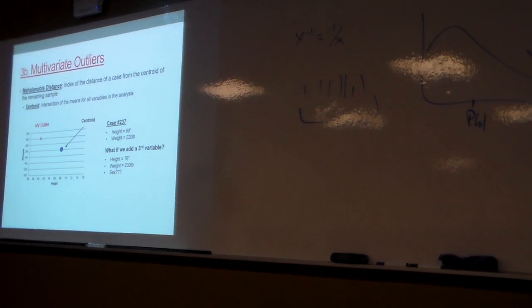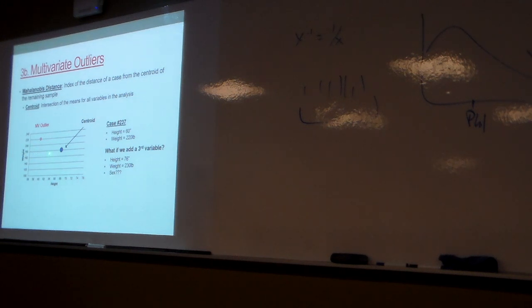So in this case, if we're looking at height and weight, case 232 has, in two-dimensional space, a height of 60 and a weight of 220. Here's my centroid. Average height looks like 68 inches, and average weight is 180.